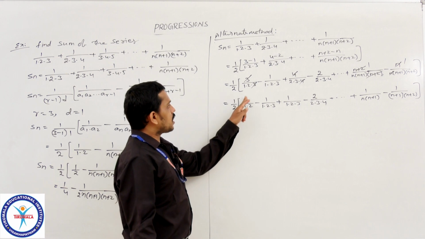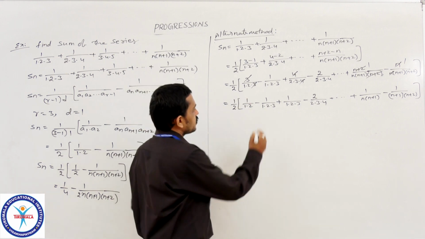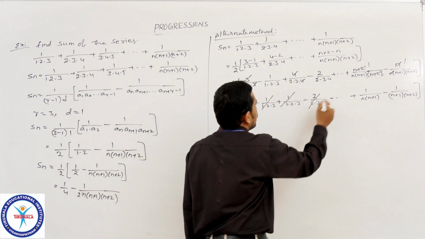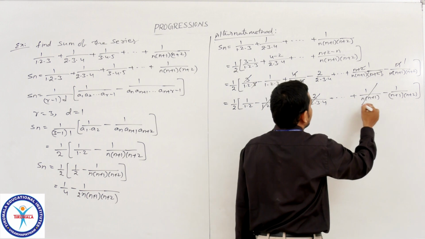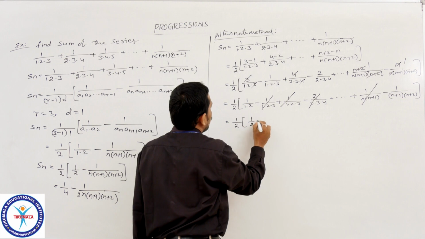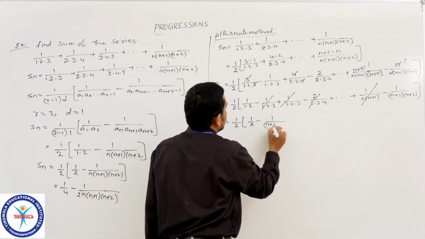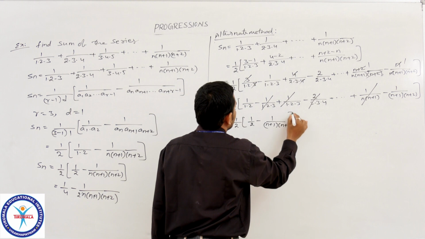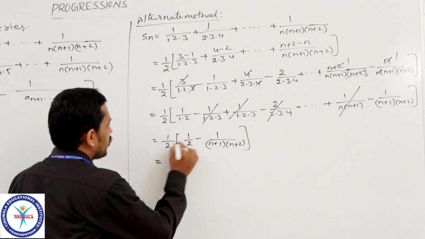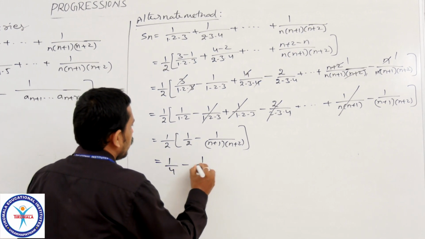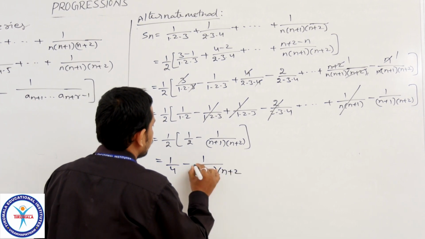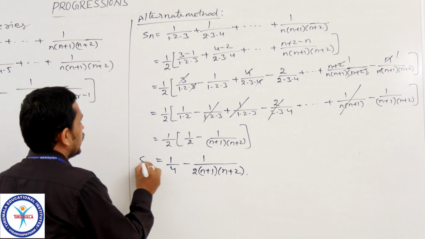See here, first term 1 into 2 minus 1 into 2 into 3, second term, third term cancel. Here second term, third term cancel. Finally, this term will cancel. We have 1 by 2 into 1 by 2 minus 1 by n plus 1 into n plus 2. So now multiply with 1 by 2, this is equal to 1 by 2 into 1 by 2, 1 by 4 minus 1 by 2 into n plus 1 into n plus 2. Sn is equal to this.